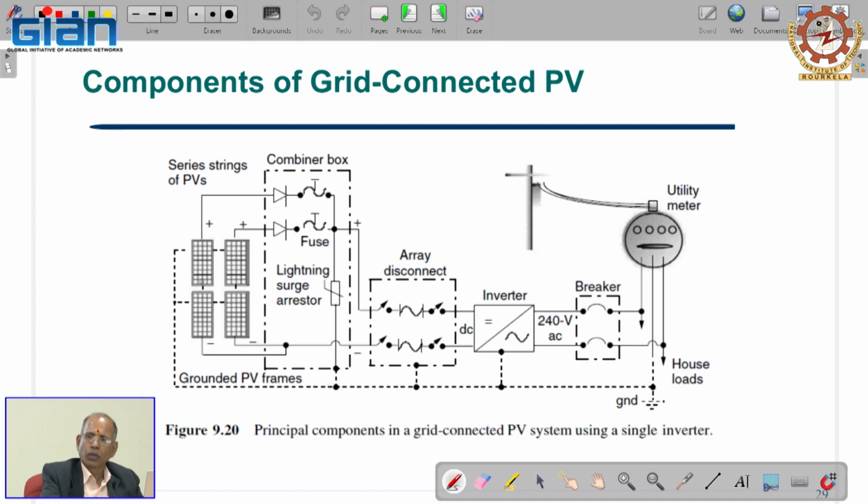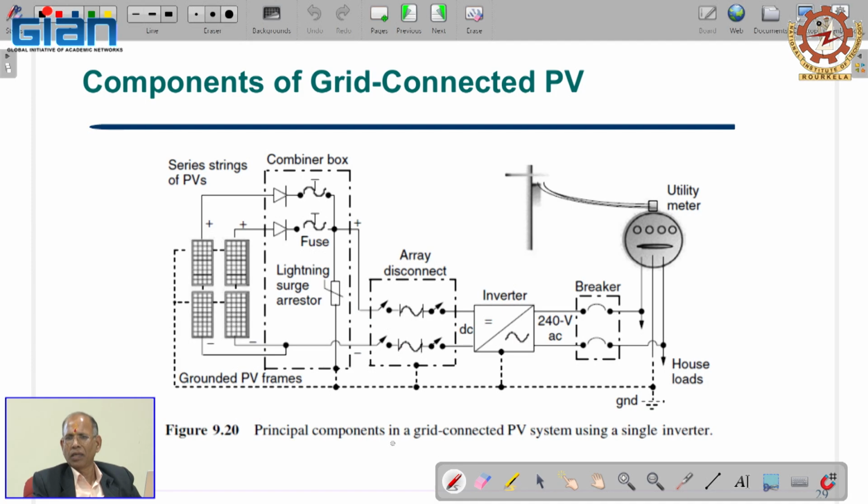Of course, you have got the several PV panels which will be connected in series and parallel to get the required voltage, required current. Then you have basically a sort of box, what we call a combiner box. It includes the diodes.